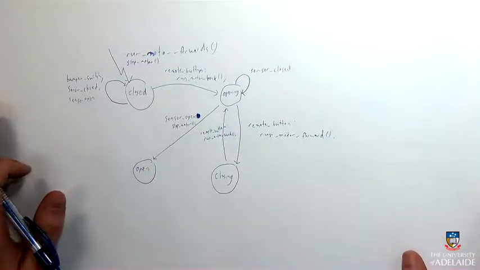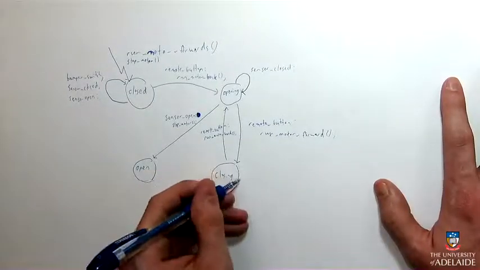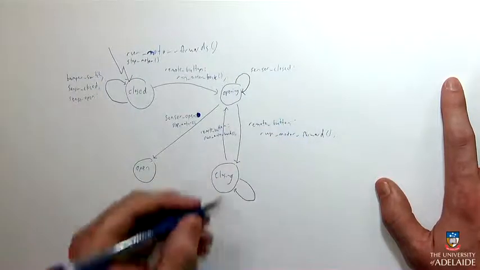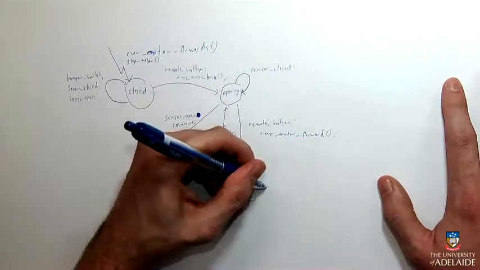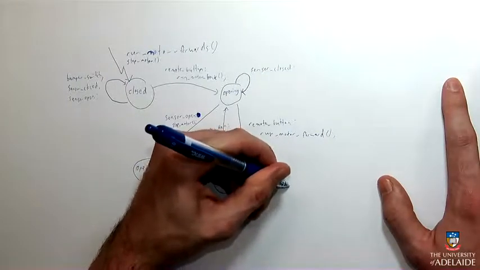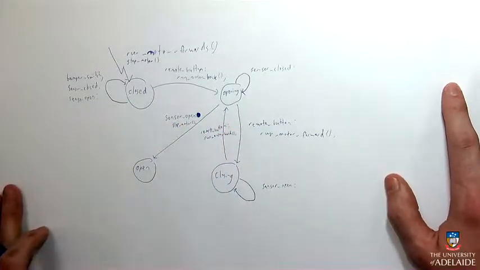That's fairly straightforward. If we are in the closing state and the open door sensor is triggered, I think we can agree that that's the same behavior as if we're in the opening state and the closed sensor is triggered. So we're going to do nothing.